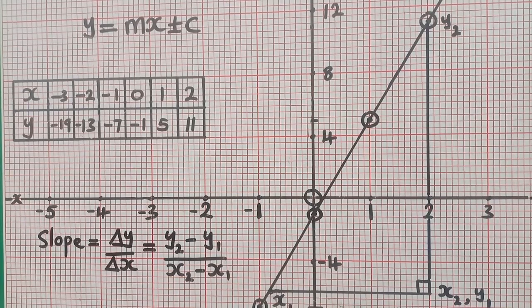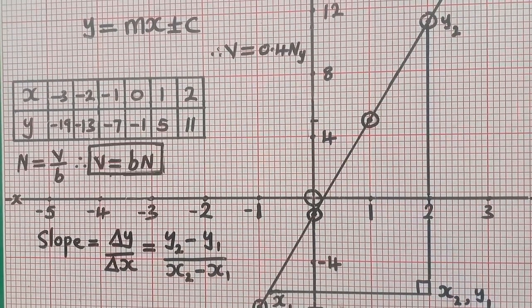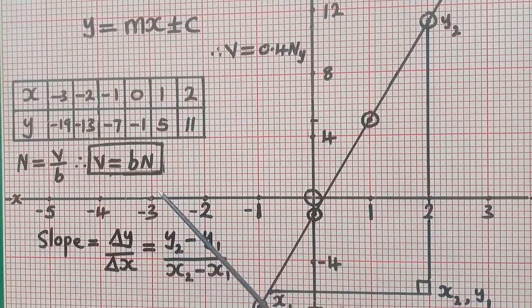The next thing is for us to carry out substitutions. We are supposed to find the value of y2 and place it here, value of y1 and place it here, value of x2 and place it here, and value of x1 and place it here. Let us start with finding the value of this y2. First, where is this y2?